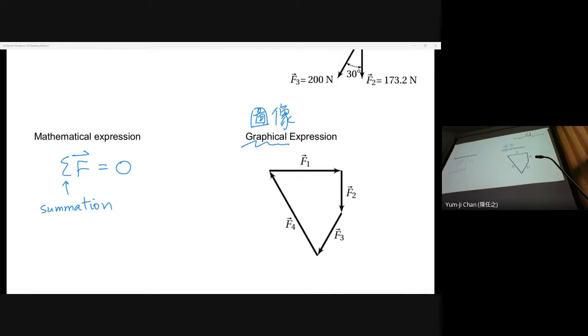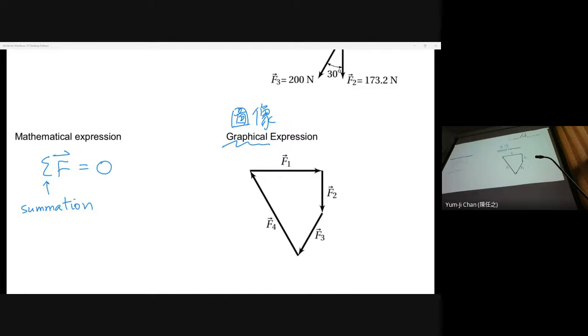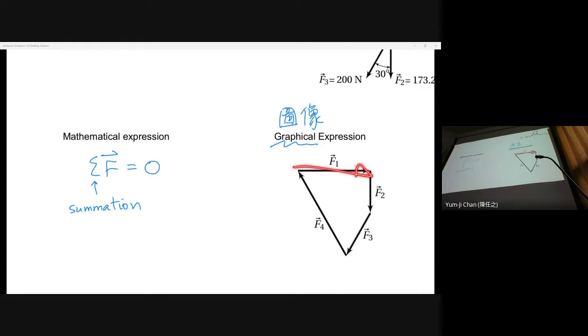On the diagram above we have 4 forces, and if we add them together, it is equal to 0. It means F1 plus F2 plus F3 plus F4, this one is summation F equal to 0, right? It goes back to the same point. So we say this one is a closed polygon.